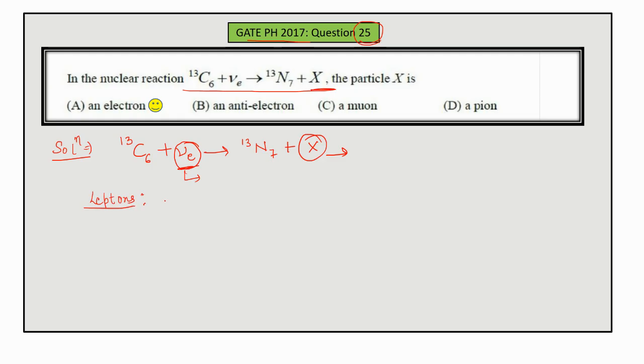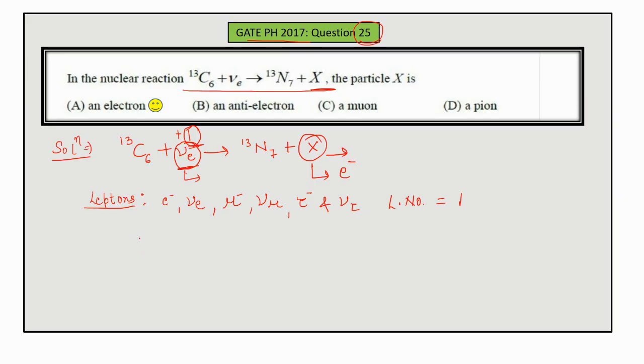There are six leptons: electron, electron neutrino, muon, muon neutrino, tau, and tau neutrino. They have lepton number equal to 1. On the left hand side we have an electron neutrino, so it has lepton number 1. To conserve it, we should have an electron here, so that the lepton number is balanced on both sides.